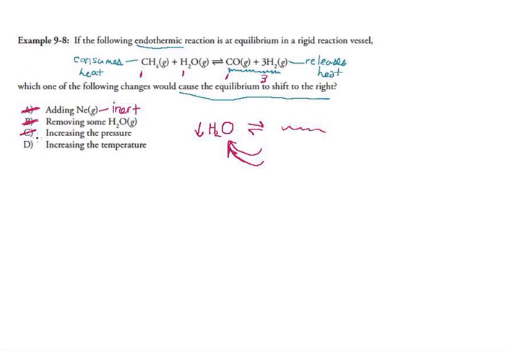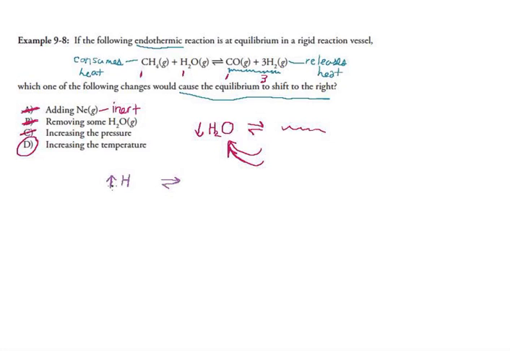So that leaves us with increasing the temperature. Process of elimination tells us that must be our answer. But logic tells us that as well. Because if we really think about it, we know that when we increase the temperature in an endothermic reaction that is consuming heat, then that means that over here on this other side of the equation, we're going to have to be releasing a lot more heat in order to stay in equilibrium.